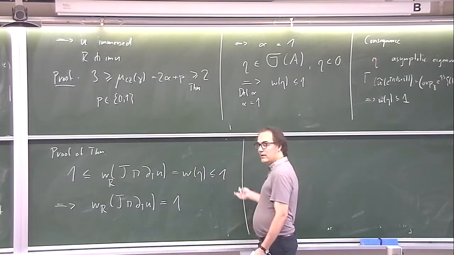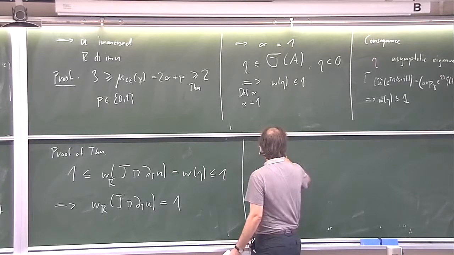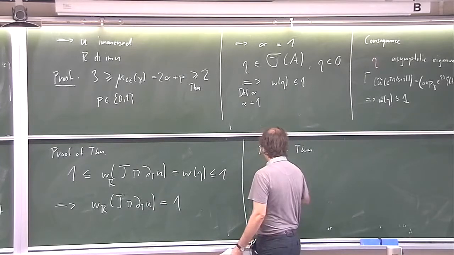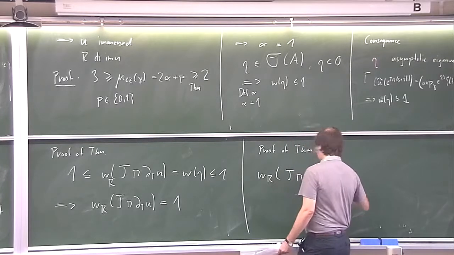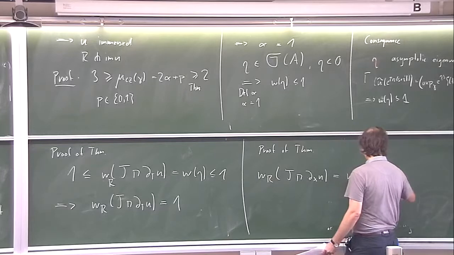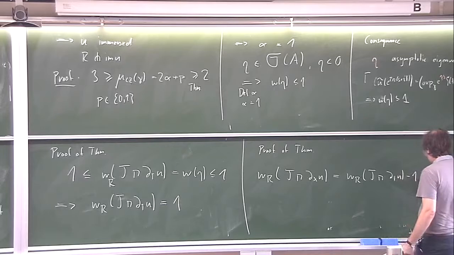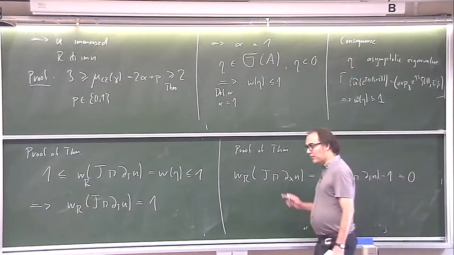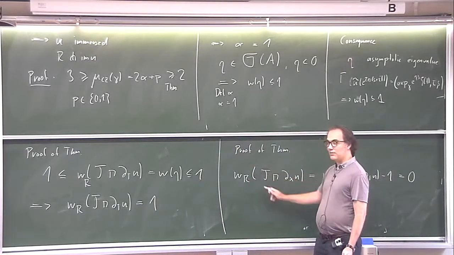And as we just discussed before, in the proof of the theorem, we had WR of tau pi dxu equals WR tau pi dRu minus 1. So in this case this has to be 0. But by positivity of winding, this means it has no zeros.